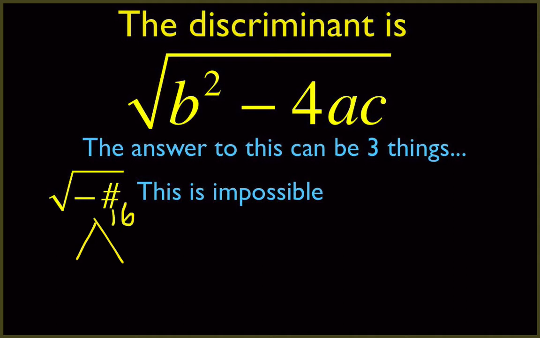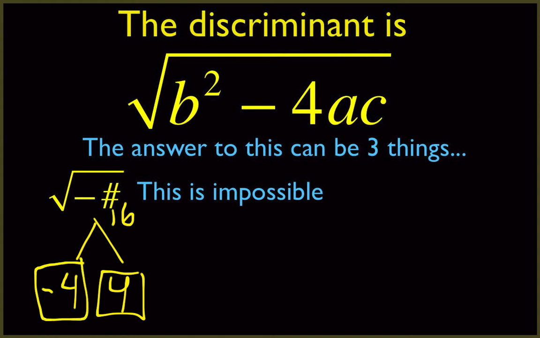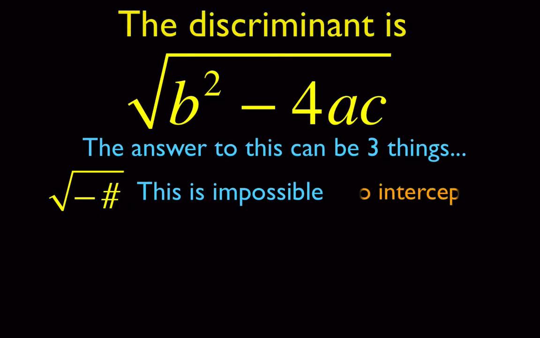For example, if it's negative 16, you might think, oh, 4 and 4, or negative 4 and negative 4. Well, that turns into a positive. So you'd have to have one of each, but you can't do that. That's not how a square root works. We're looking for the same number in both of these spots. So therefore, that means it has no x-intercepts.